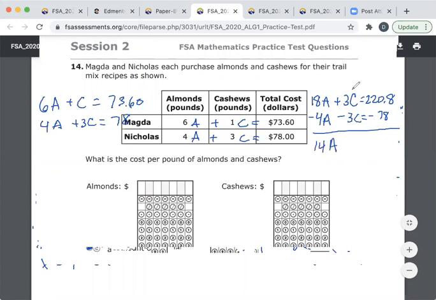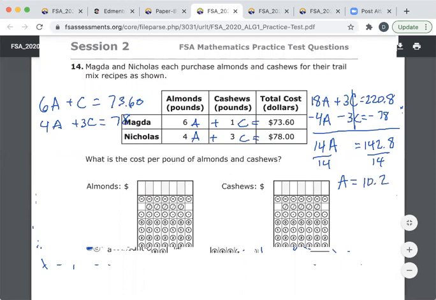And 3C minus 3C cancels out. And then 220.8 minus 78 is 142.8. Then I'm going to divide both sides by 14. So A, or almonds, is 10.2.